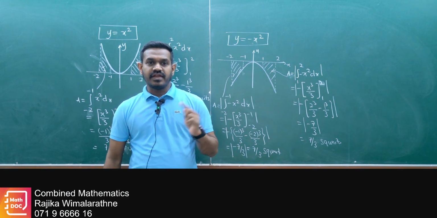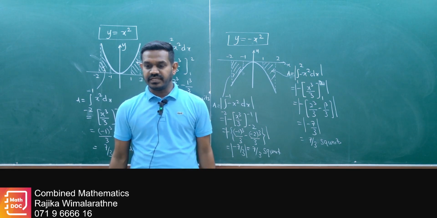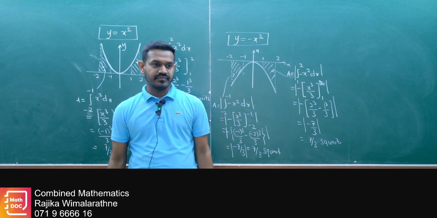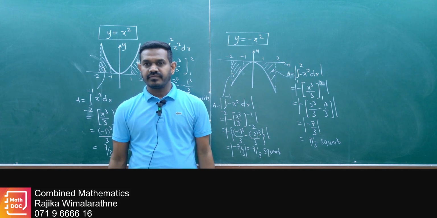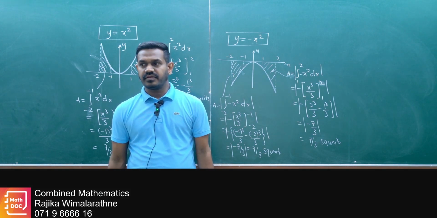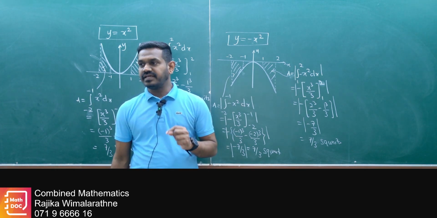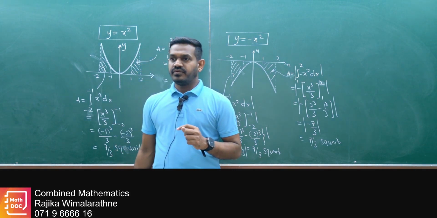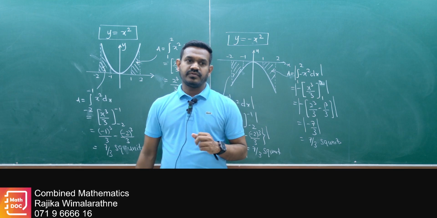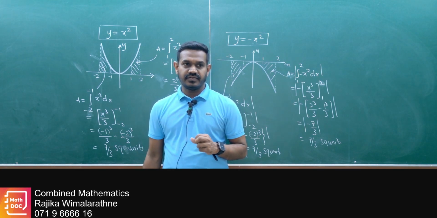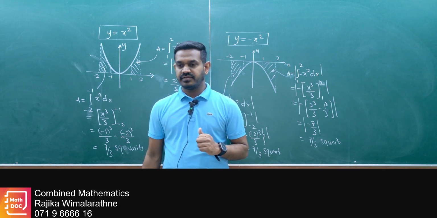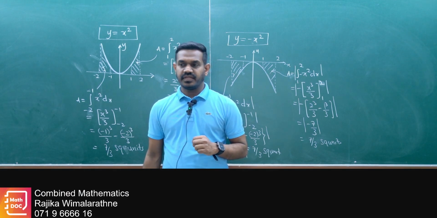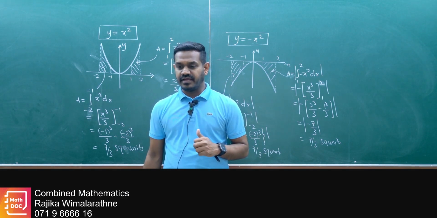But for the third and fourth quadrants, you need to put a modulus sign to the definite integral to find the area.